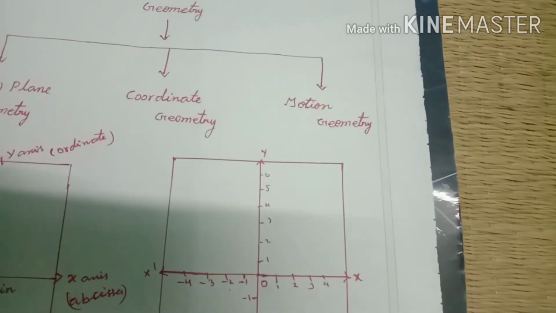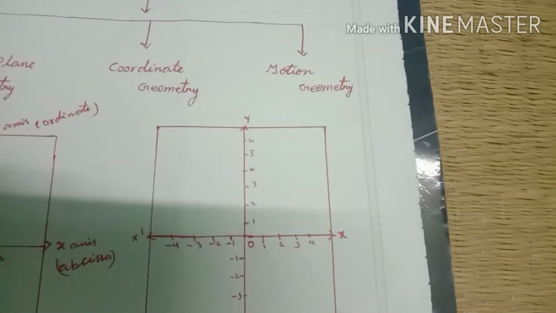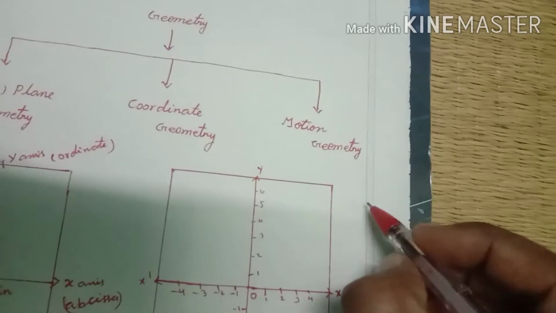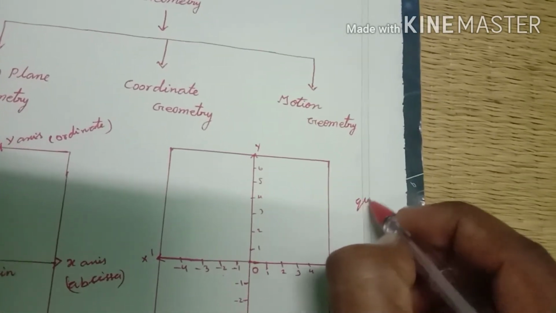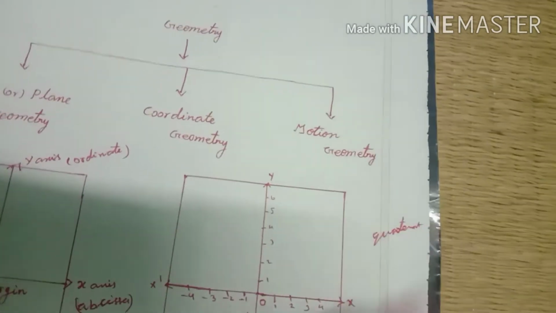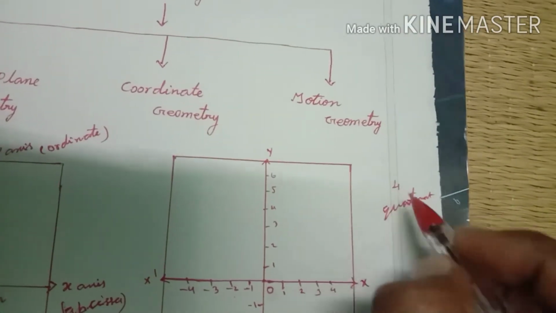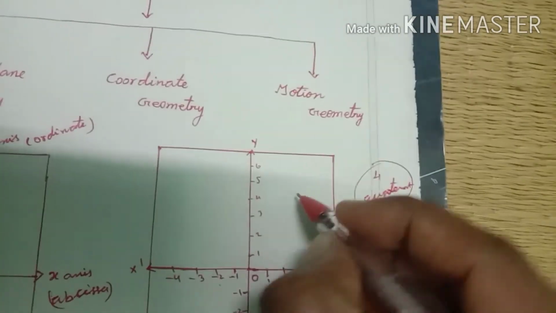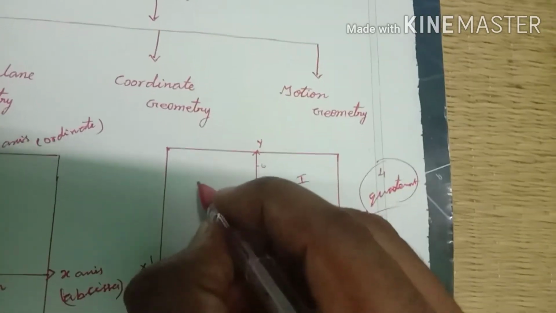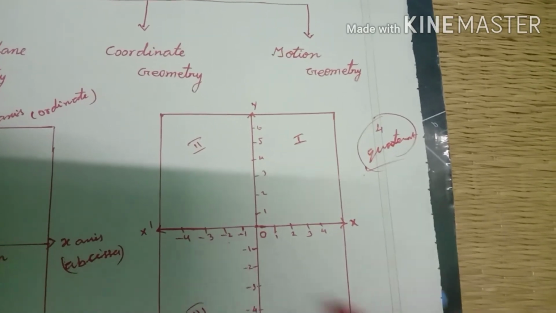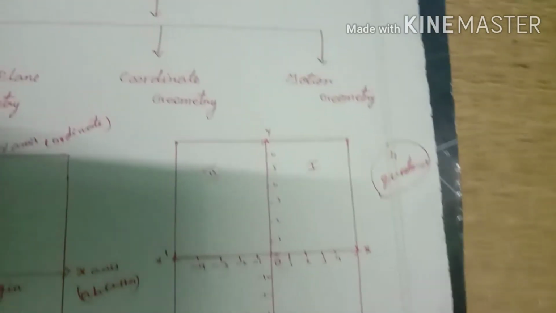Now the surface is divided into 4 parts by the signs. These 4 parts are called the 4 quadrants: the first quadrant, second, third, and fourth.